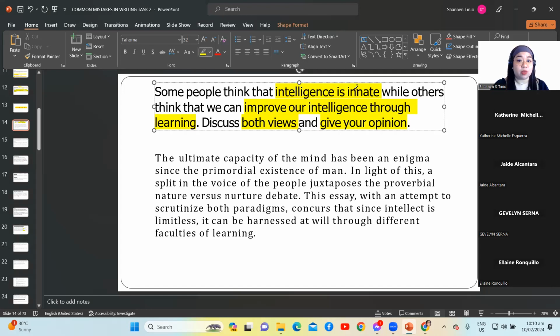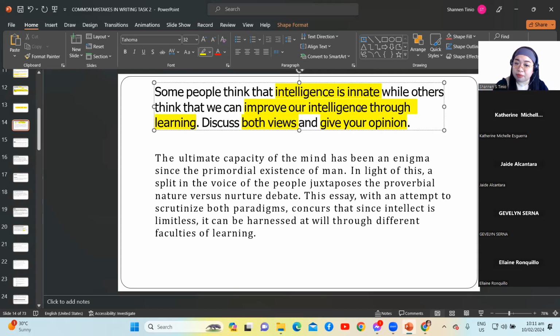So, dalawa yung stand dito. First, likas daw ba ang talino ng tao? Yung pagkapanganak pa lang niya. Innate means pagkapanganak. Pagkapanganak pa lang, meron na siyang ganong quality, yung talino. Do you agree na yung tao daw? Because it is scientifically proven that genes and the DNA of a person can be transferred. Right?